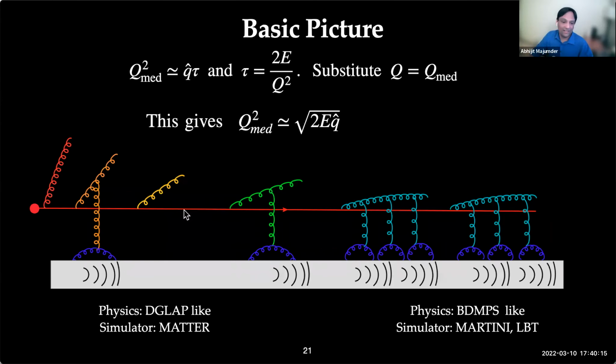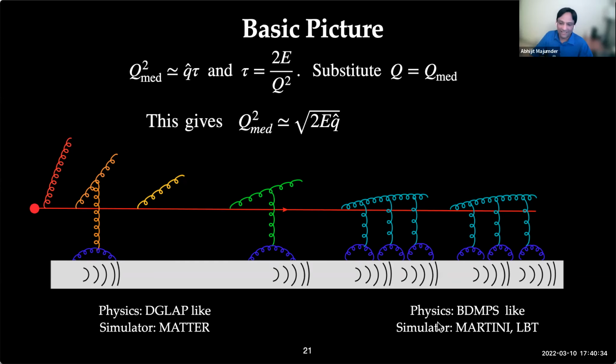So over here, the physics is DGLAP-like. The simulator that does that is called MATTER. As it comes down here, the physics is BDMPS-like. So this is Dokshitzer, Gribov, Lipatov, Altarelli, Parisi, and Baier, Dokshitzer, Mueller, Peigné, and Schiff.